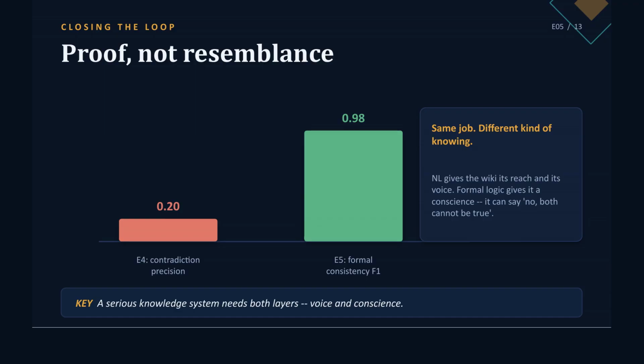The difference is not a better language model. It is a different kind of knowing, proof instead of resemblance. The natural language layer gives the wiki its reach and its voice. The formal layer gives it a conscience, a part of the system that can say, with certainty, no, those two things cannot both be true. A serious knowledge system needs both.